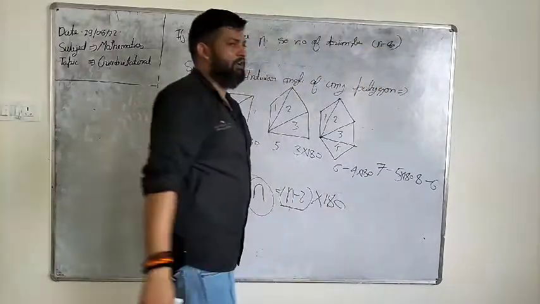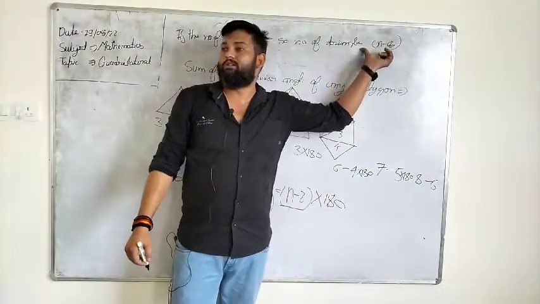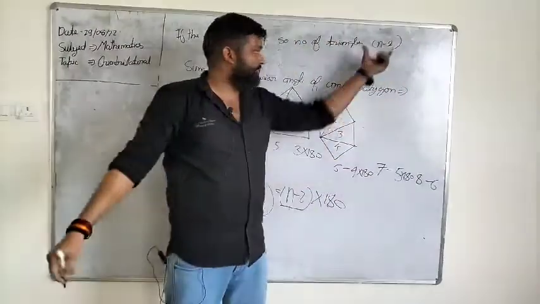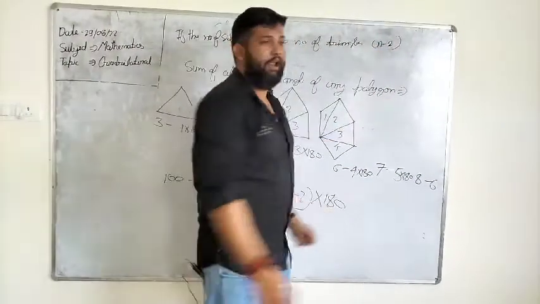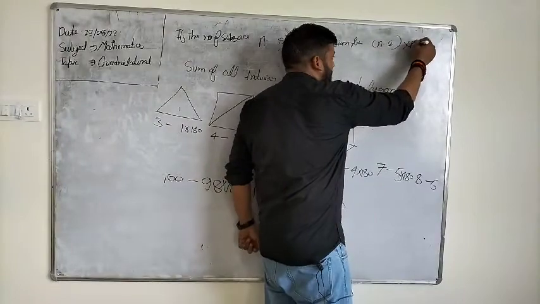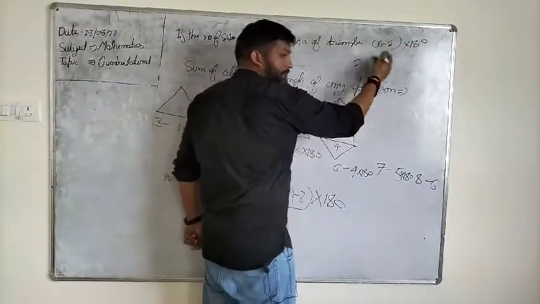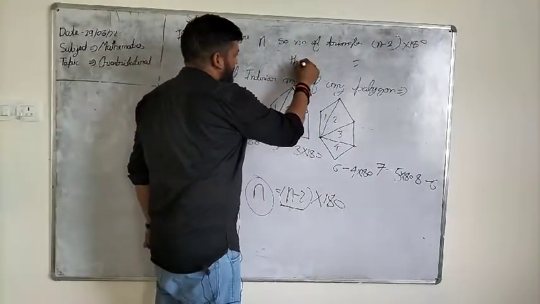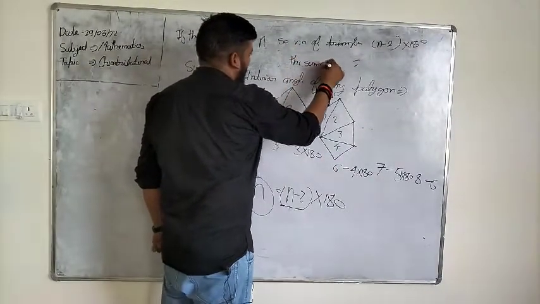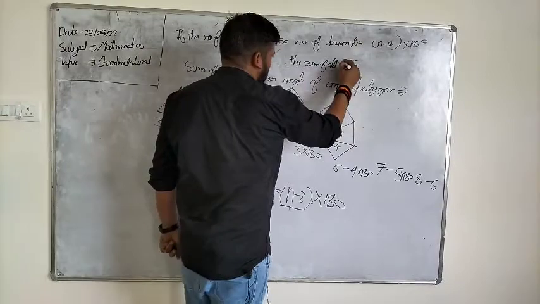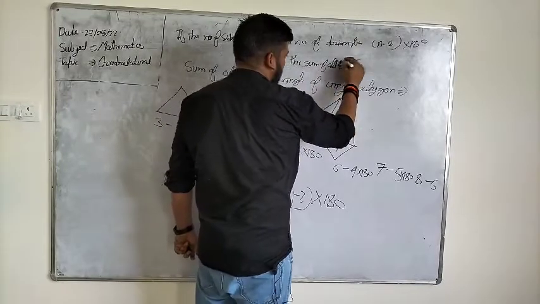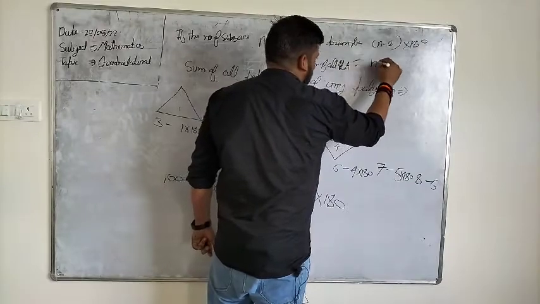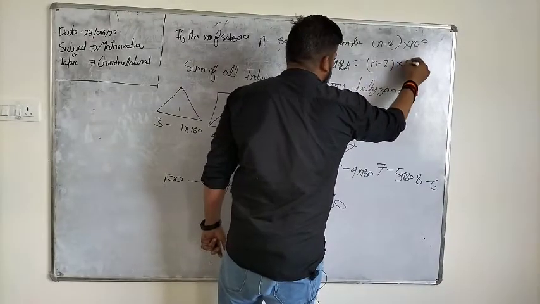When we multiply the number of triangles by 180, this will be the sum of all interior angles. So the sum of all interior angles is equal to n minus 2 into 180.